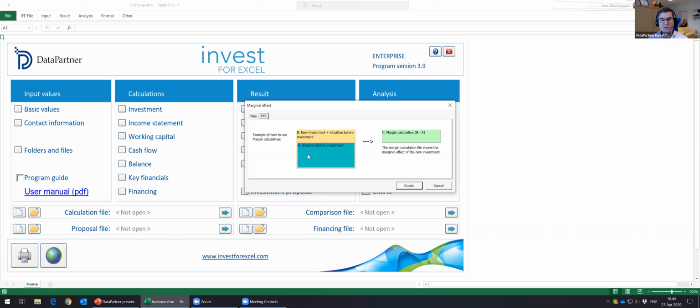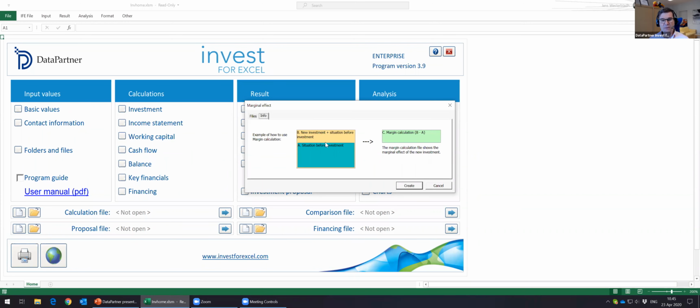Then you save it with a new name and start to make changes. So you add the additional investment and how you see that it will impact your operations, if it increases capacity or if it saves energy or whatever. So then you have the B calculation, which is sort of the old plus the new.